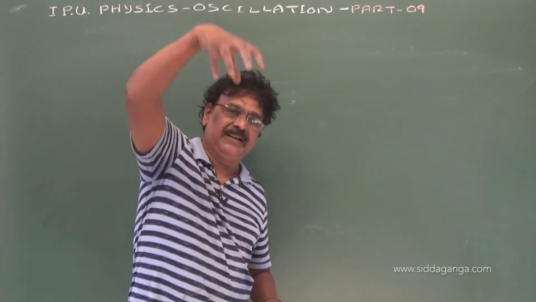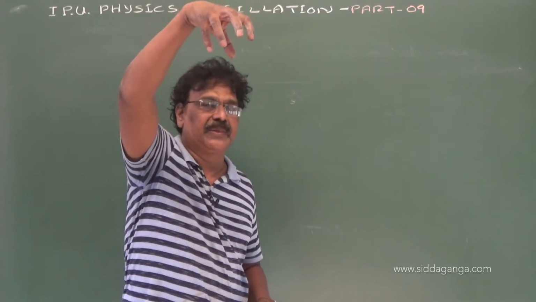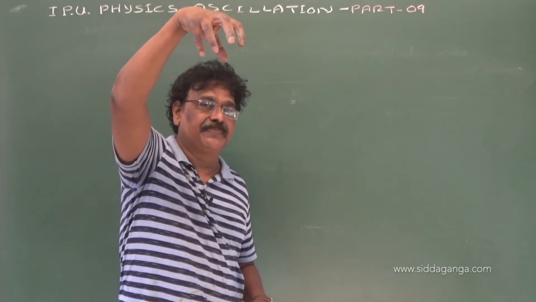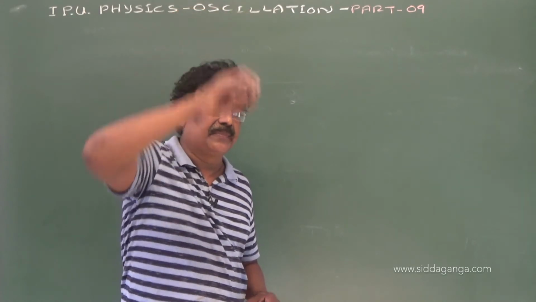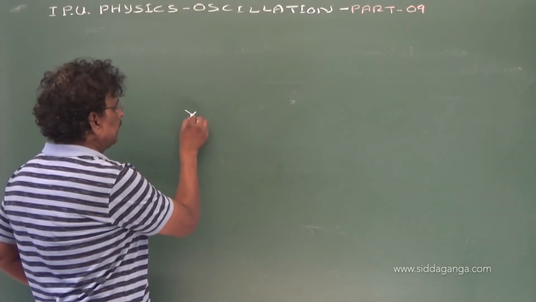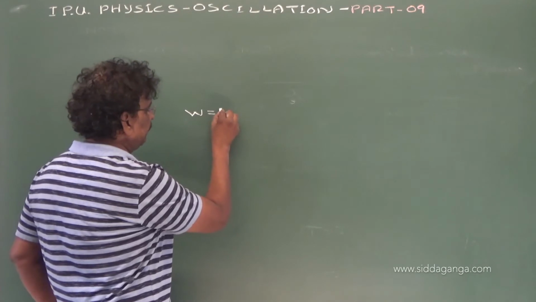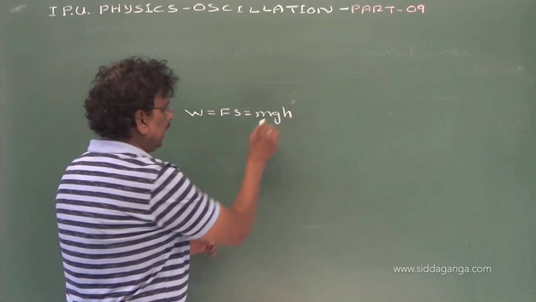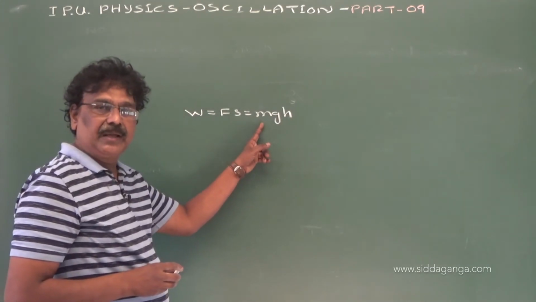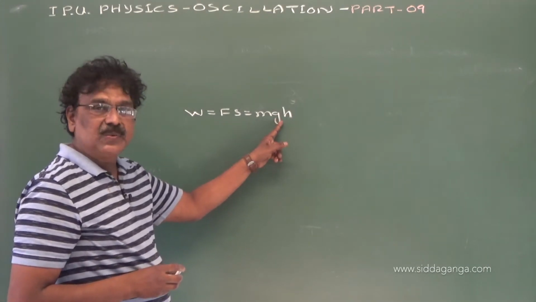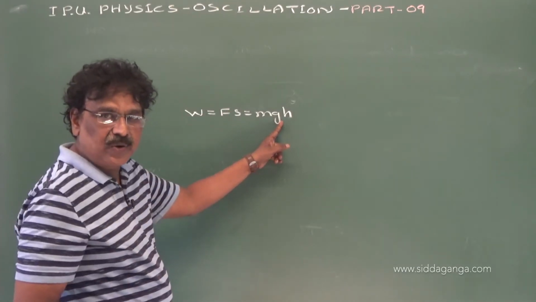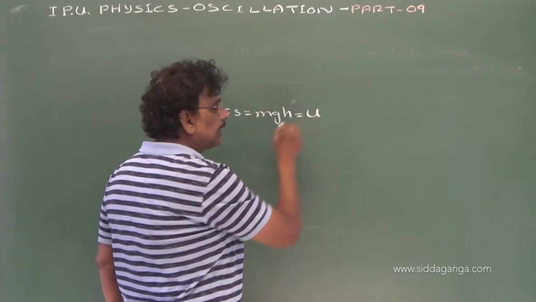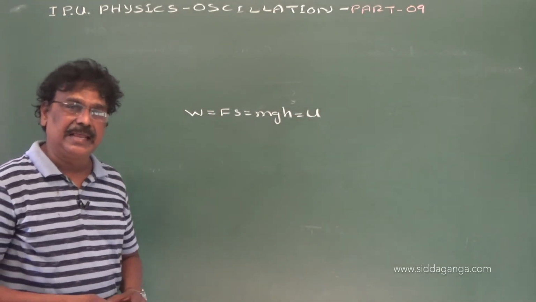When we lift the stone to a certain height, we need to do work against gravity, and that work done, W, is equal to force into displacement, that is mg into h. m is the mass of the stone, mg is the weight of the stone, that is the force needed to apply, h is the height, and that is equal to the gravitational potential energy.